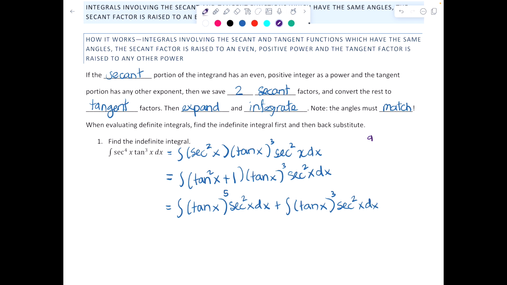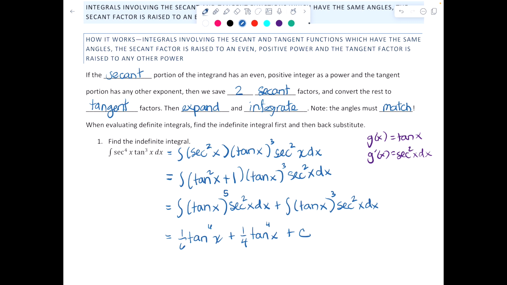And so in this case, our g at x is tangent at x, so g prime at x is secant squared at x dx, and you've got that for both of them. So then we'll use the general power rule. We get 1/6 times tangent at x to the 6th, plus 1/4 times tangent at x to the 4th, plus our constant of integration.